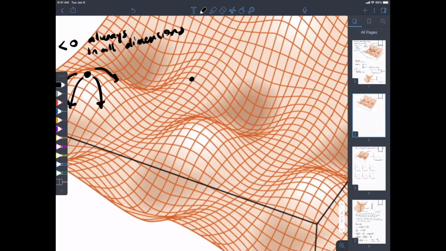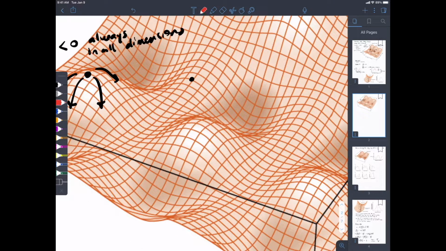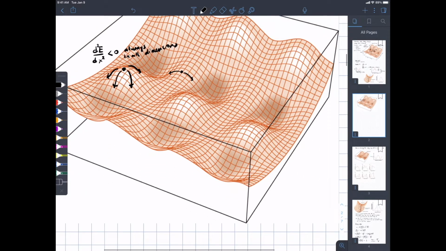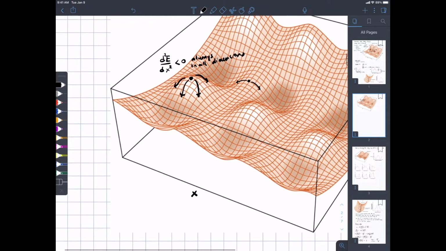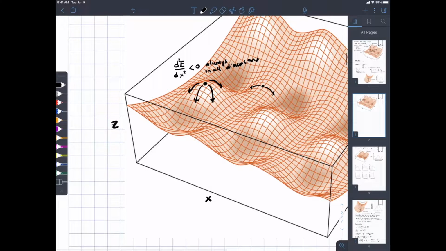But look at the saddle point. If I go in this direction or that direction, and let's just for the sake of our argument here call this x, this y, and this z, and this will be energy.